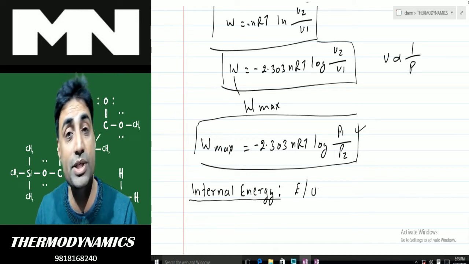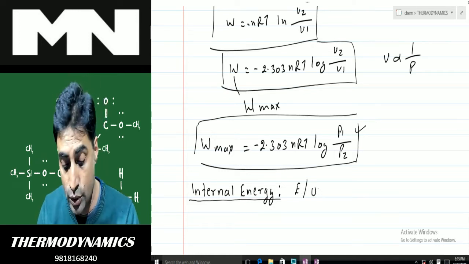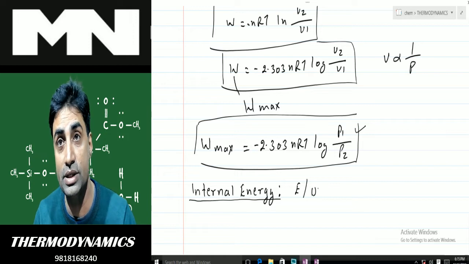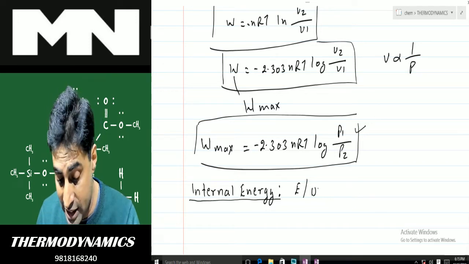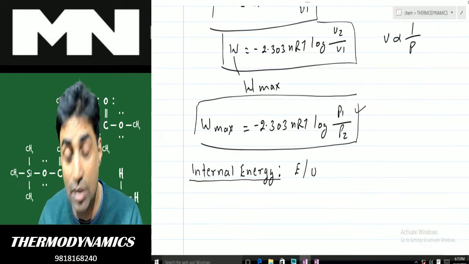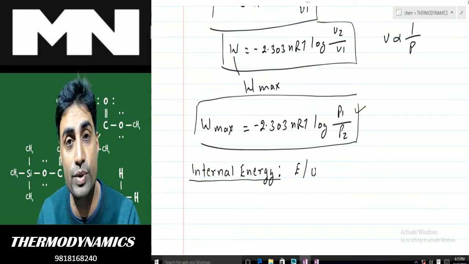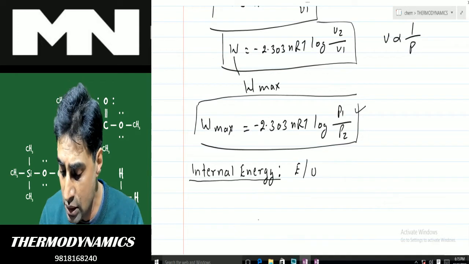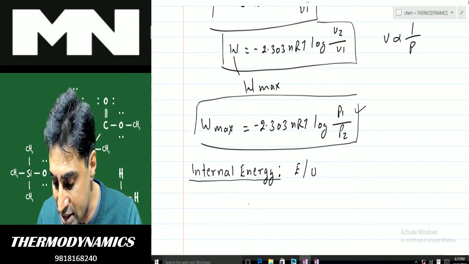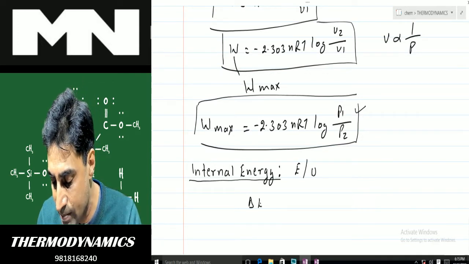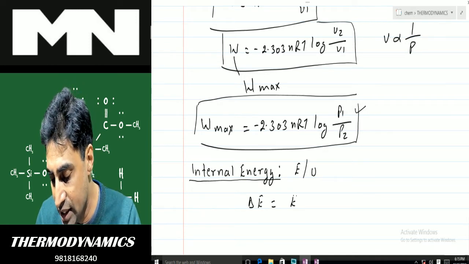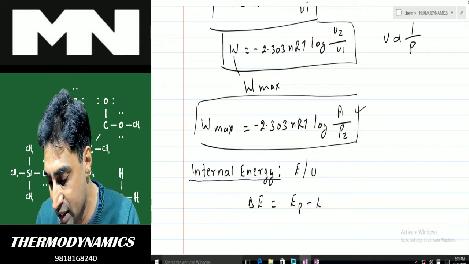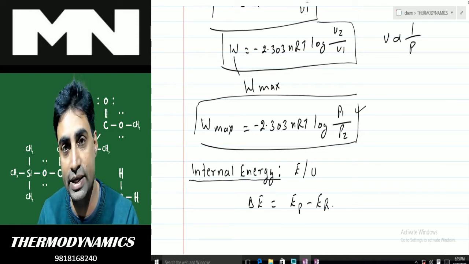But we can easily measure the change in internal energy. I'll tell you how we can measure the change in internal energy. That also I'm going to teach you. So internal energy is the sum of different types of energies stored within a substance. Now change in internal energy is represented by delta E or delta U. That is always internal energy of product minus internal energy of reactant.